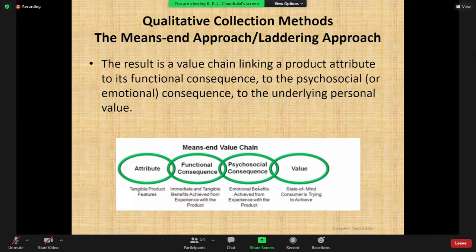Are there psychological consequences behind these functional consequences? So eventually, what are the values, the value system that governs the purchase decision of the customer? State of mind. As I told you, this is a good example.